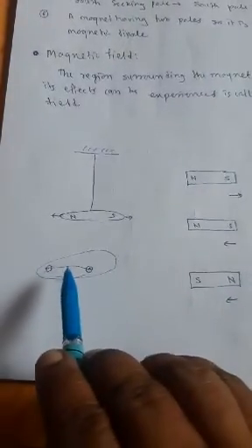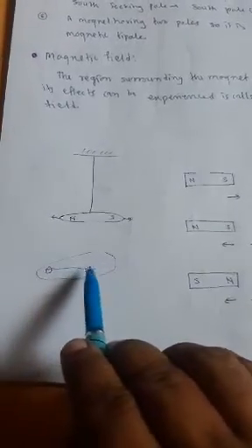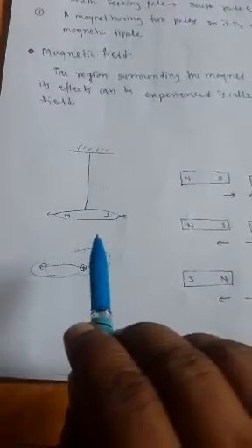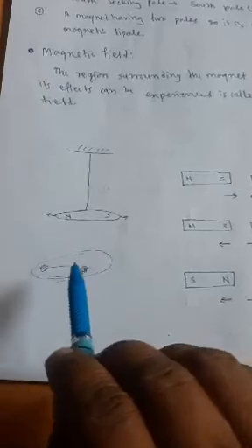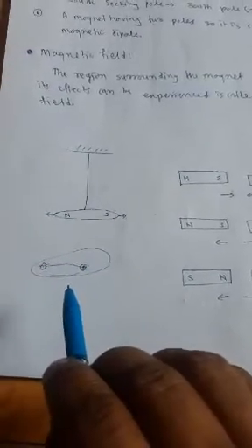The distance between these two charges is called the length of the dipole. It is denoted by 2L.